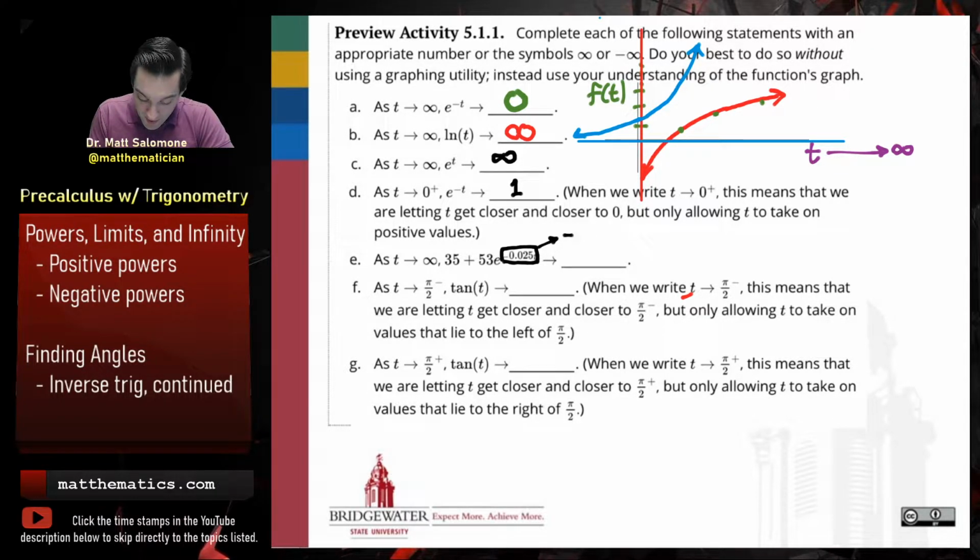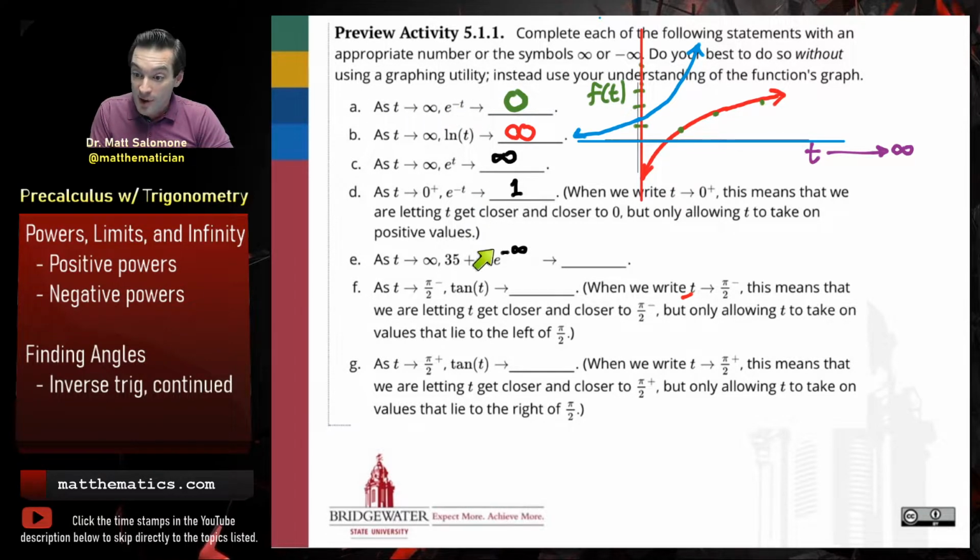So another way to think about this is to just think about this exponent as being like a minus infinity. Well, what happens if I take the exponential of a very large negative number? What's happening to e to the minus t as t tends to infinity?